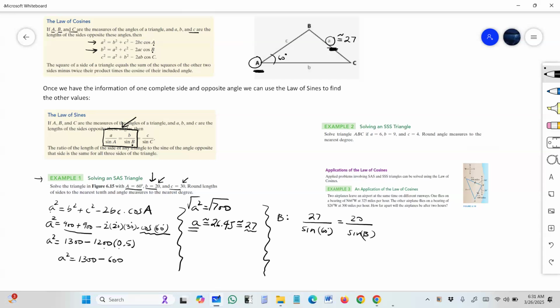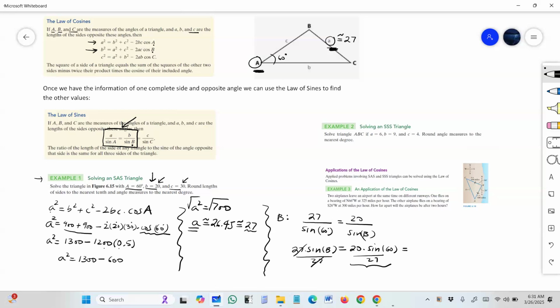So I'm going to cross multiply, and I end up with 27 times sine of B equals 20 times sine of 60. Then I'm going to divide both sides by 27. When I do, these two 27s cancel, and I'm left with this. So I need to evaluate this thing right here.